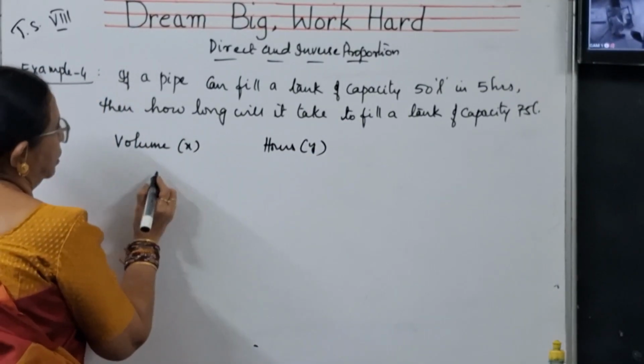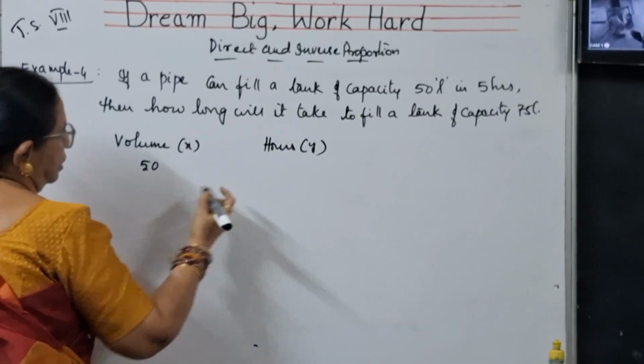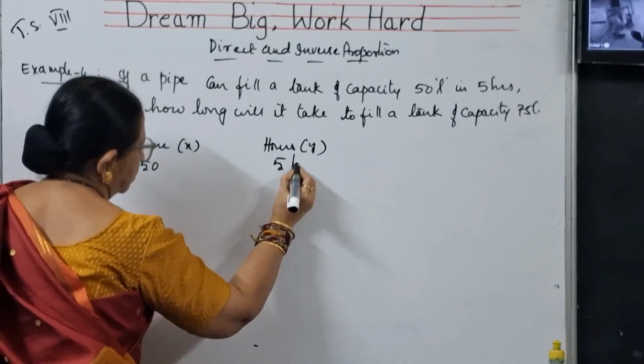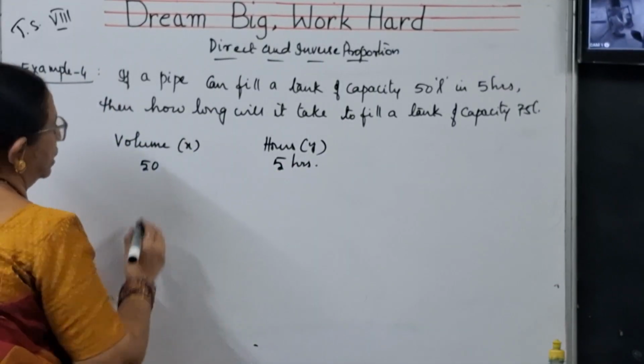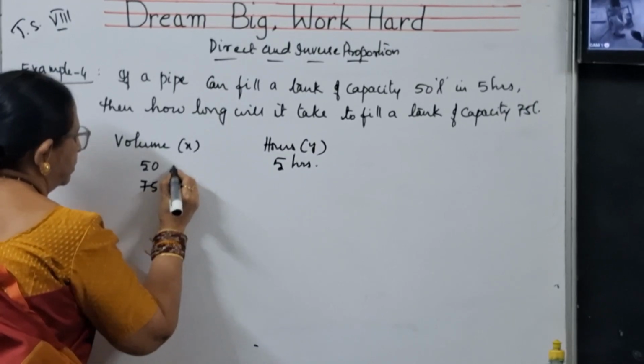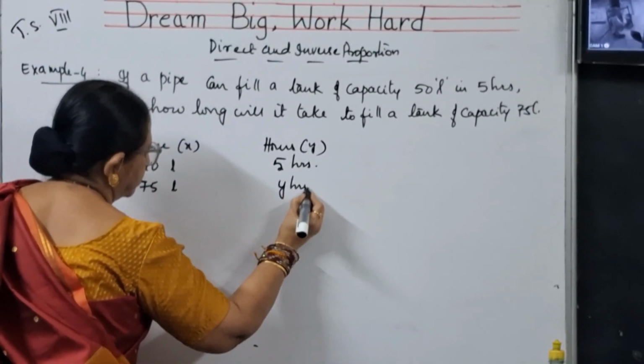A pipe can fill 50 liters capacity in 5 hours. Then how long will it take to fill a tank of 75 liters? How many? That is y hours.